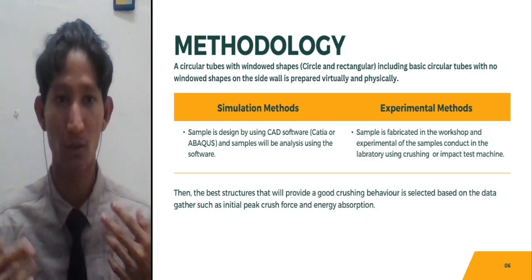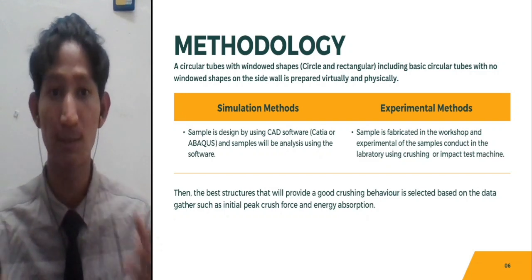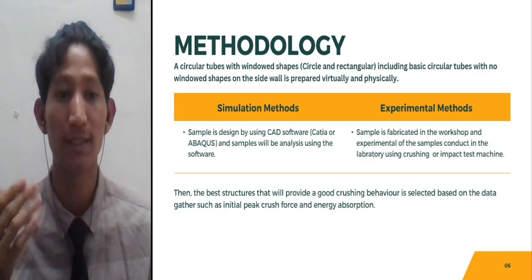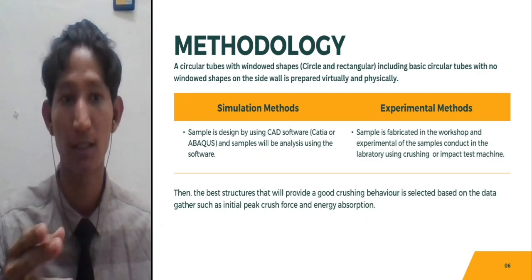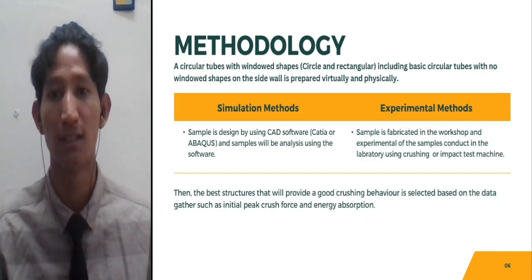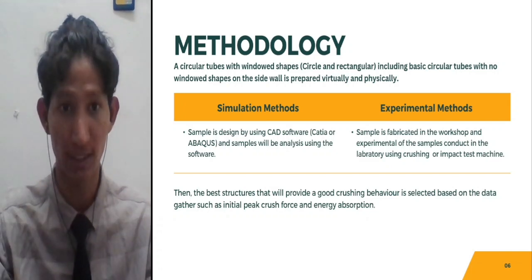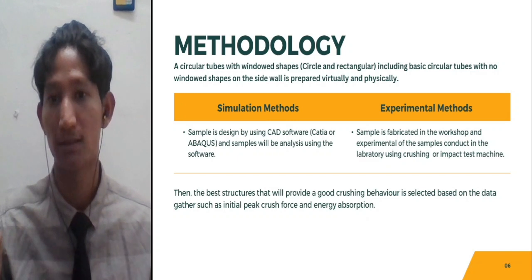Then we will conduct the study using simulation methods. In simulation methods, the sample will be designed by using CAD software such as CATIA or Abaqus, and will be analyzed. And then we will validate the data from the simulation methods by using experimental methods.